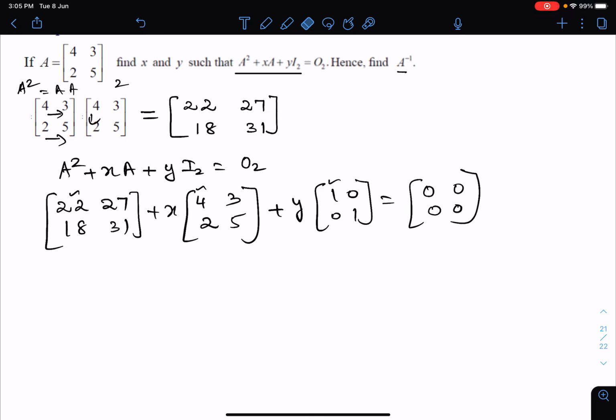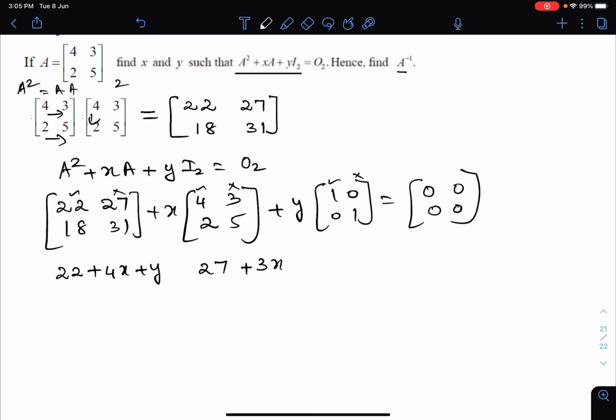So the first element, this plus this plus this. Okay, so the first equation is going to be 22 plus 4x plus y. And now the second term, this and this, so it's going to be 27 plus 3x plus 0, so you need not write the 0.